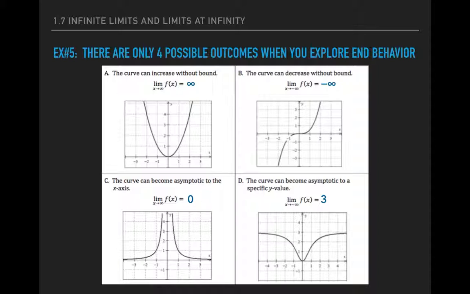That's what you're seeing here as you're going really either to positive or negative infinity. You're approaching some value, some y value there. So these are the different scenarios for your end behavior. It could be increasing or decreasing without any bounds, or you could be approaching having this asymptotic nature to the x-axis or to some other y value, some other horizontal line.